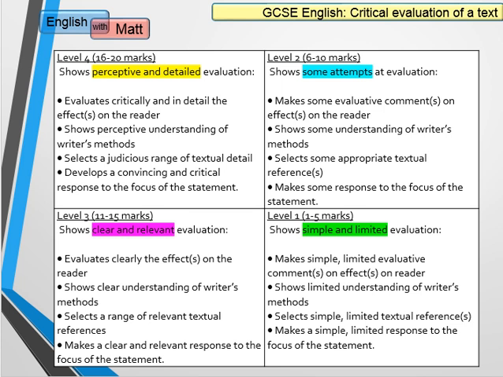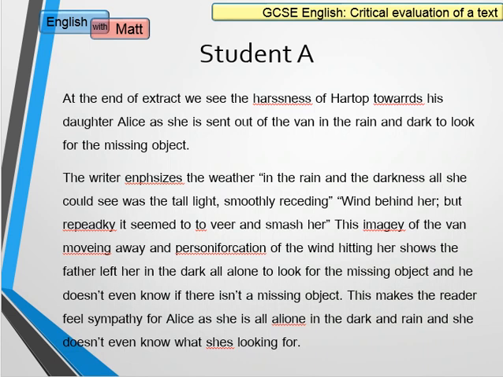I'm not going to tell you straight away. I'm going to keep it till the last slide. So you might want to pause after each of these students in order to have a go at guessing what you think they got. And this might be something interesting to do as a class as well, to have a go at thinking about where these sit on the mark scheme.